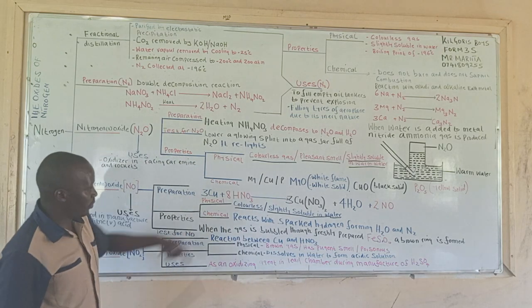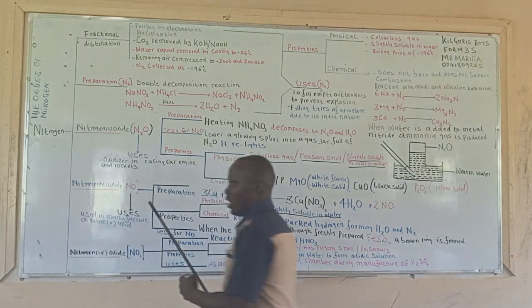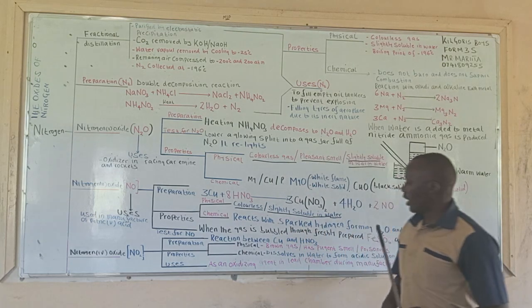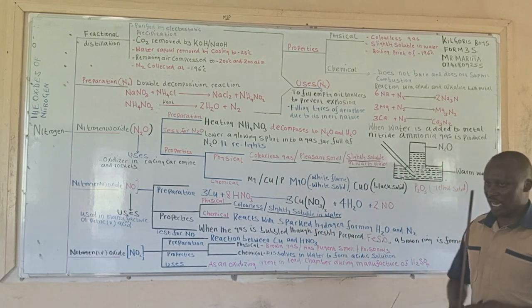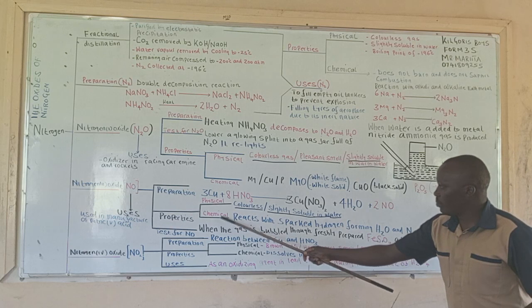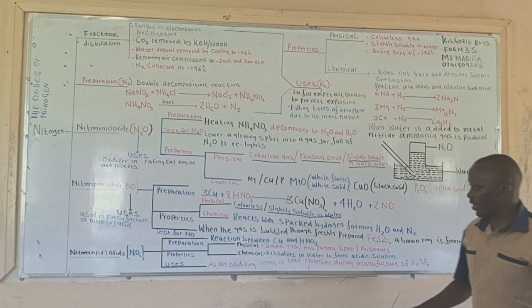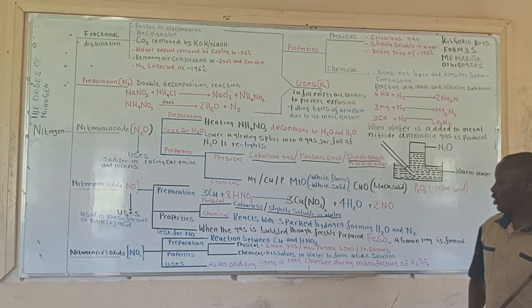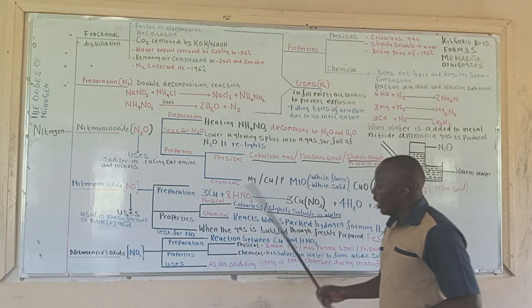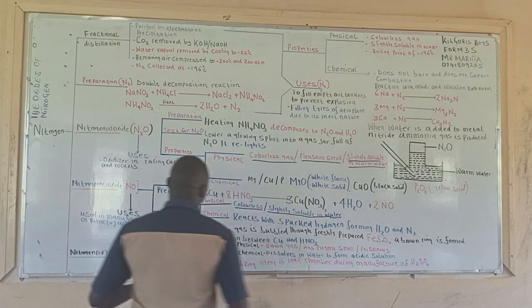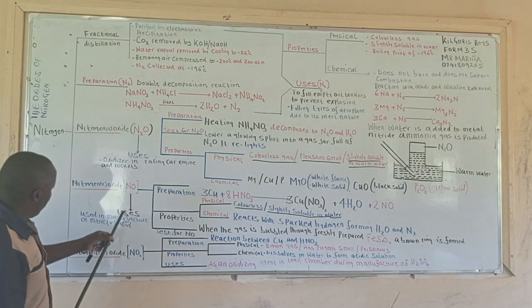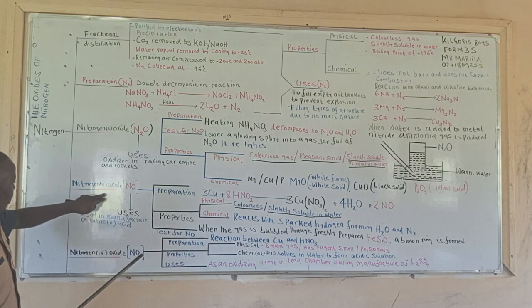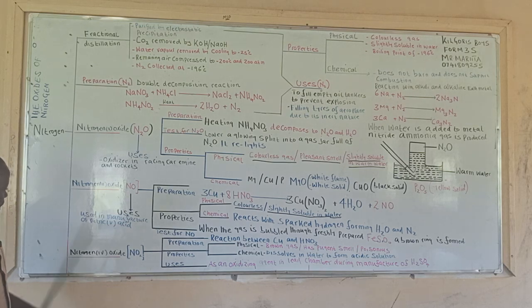For these chemical properties, you can check KLP and Top Notch and other revision books, so you will get much of the chemical properties of this nitrogen 2 oxide gas. Now we also have the uses of this gas, nitrogen 2 oxide.